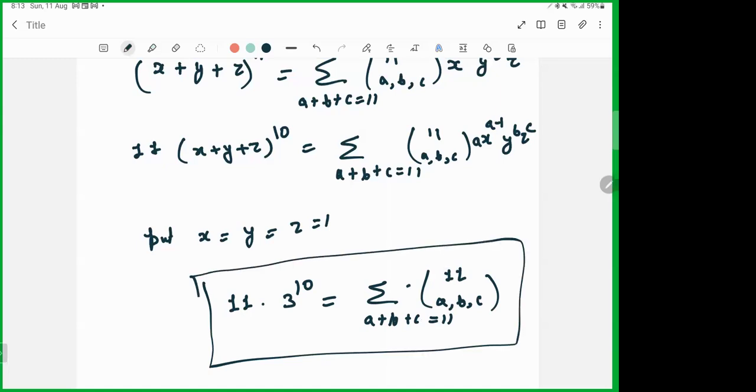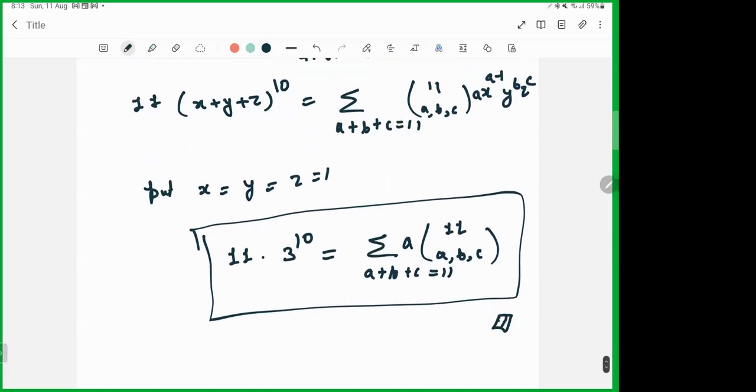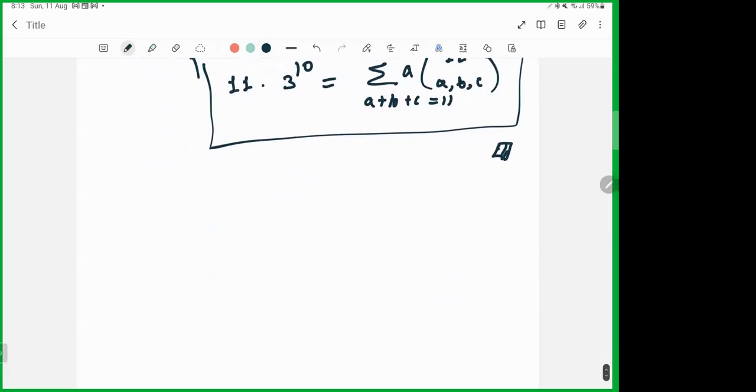So this is the required thing we need. Is this clear or not? If this is clear, then I will ask you a similar problem again.